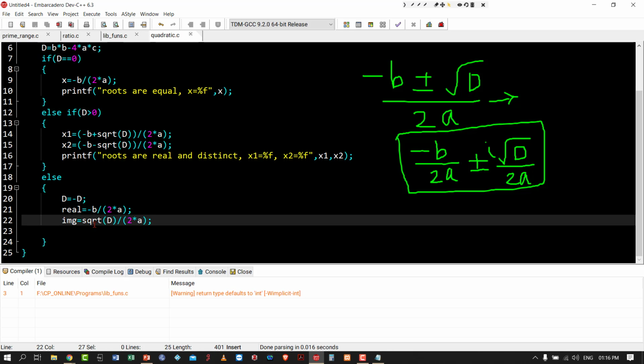I already told you a C program can't find a square root of negative value, but here I converted it into a positive value.